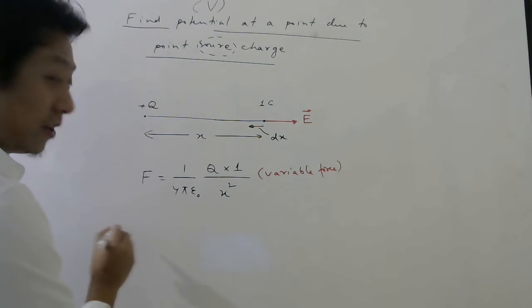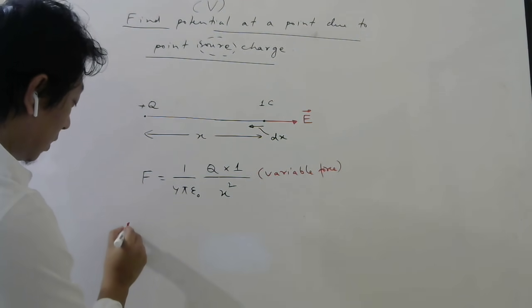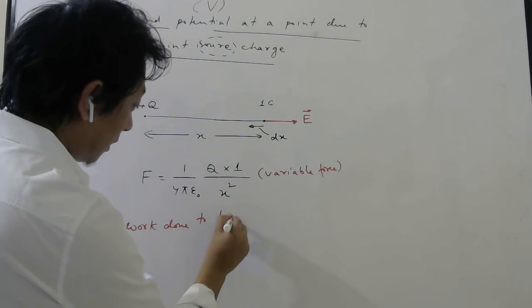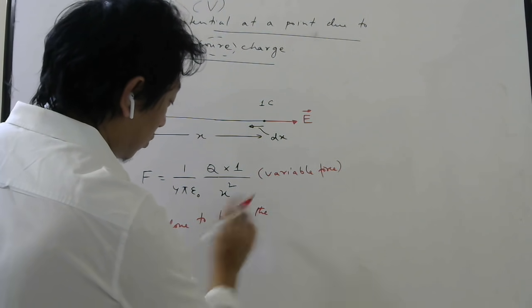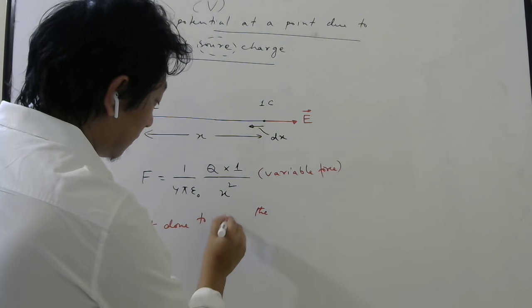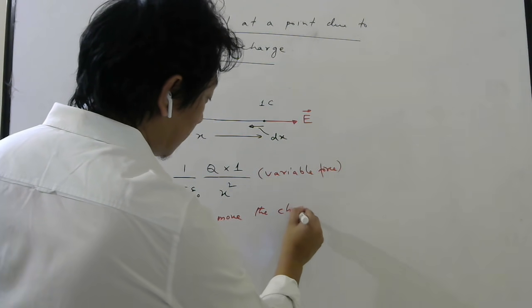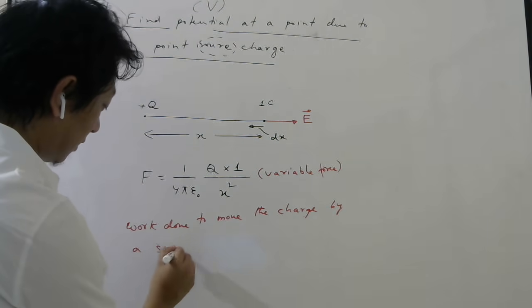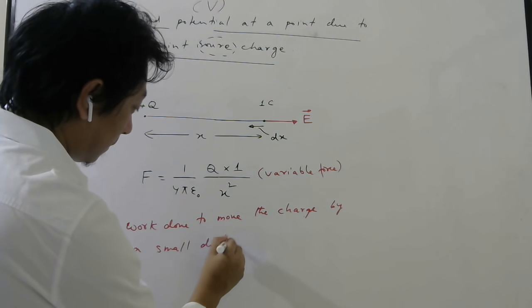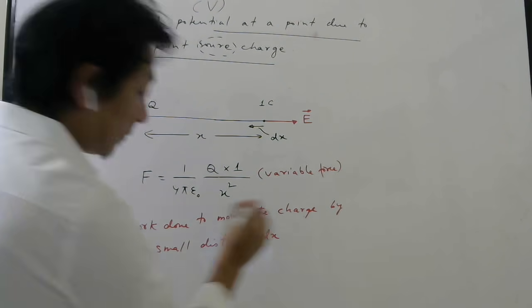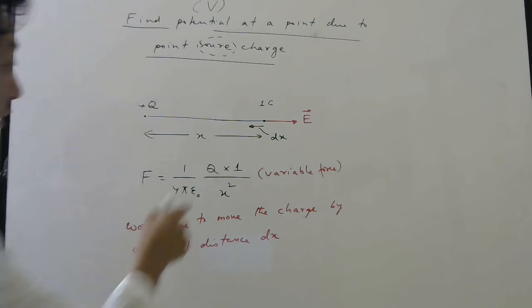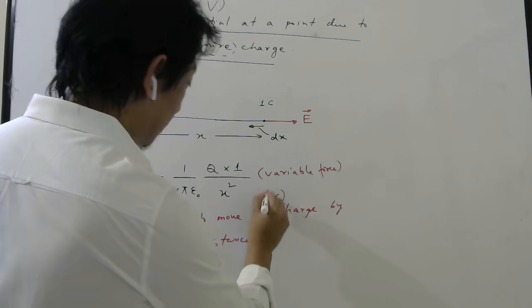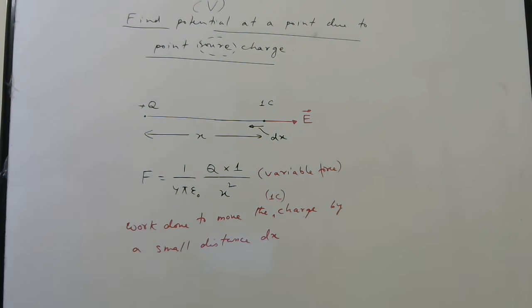So how will I calculate the work done? See carefully. The work done to move this 1 coulomb charge by a small distance dx will be how much?